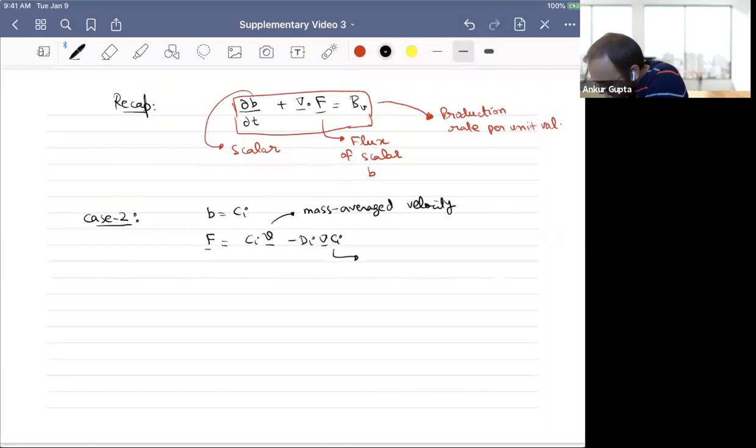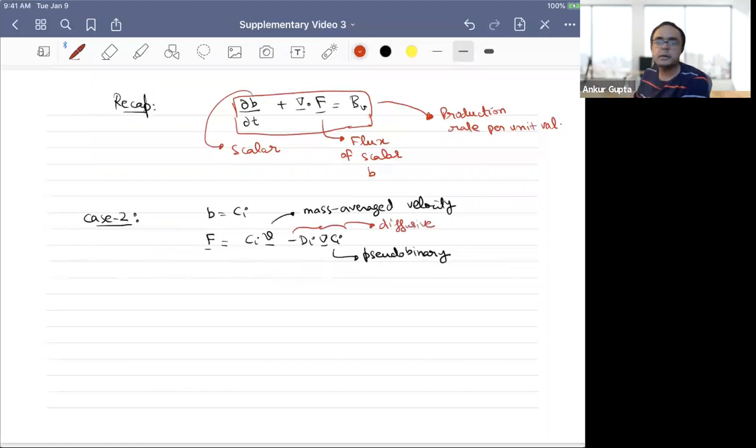And minus gradient of Ci is because we have already assumed a pseudo binary assumption. So this is the diffusive flux. So this part is the diffusive flux, right? And we've already invoked the pseudo binary assumption because I'm directly writing it as Di grad Ci.